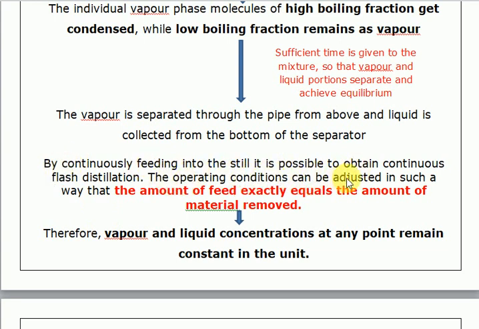The operating conditions are adjusted in such a way that the amount of feed of the binary mixture is equal to the amount of material removed, that is, the liquid collected and the vapor collected. So if you add the vapor and liquid of A plus B, you get the total feed you entered. Correct? So the vapor and liquid concentrations at any point or at any time will remain constant. Fine?